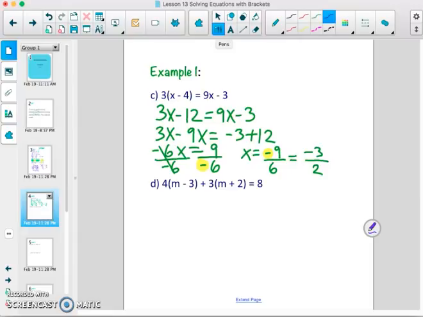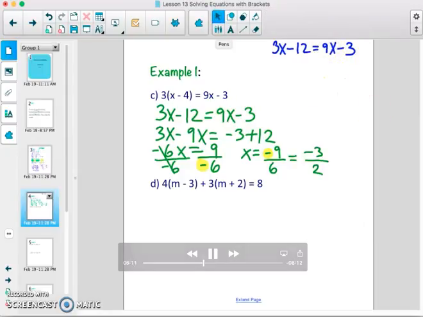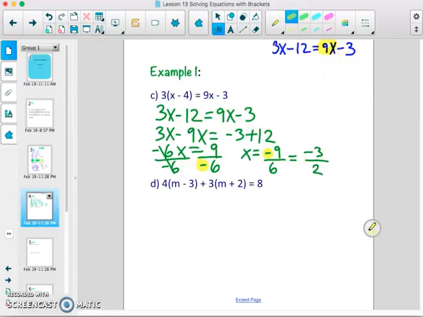In terms of balancing the equation and making sure that our operations are the same to rearrange things, if I rewrite this first line, I get 3x minus 12 is equal to 9x minus 3. Let's look at this 9x first. We want to move that over to the other side.